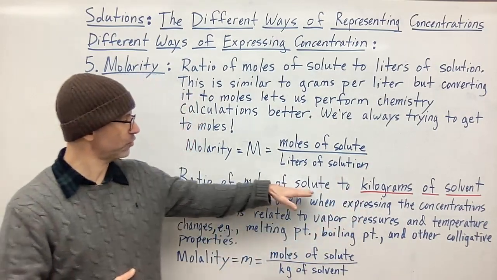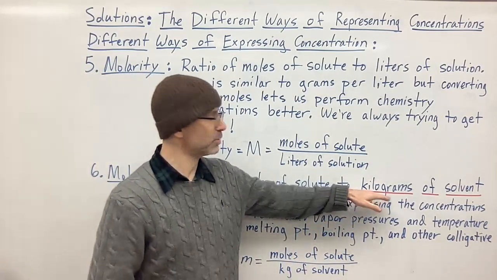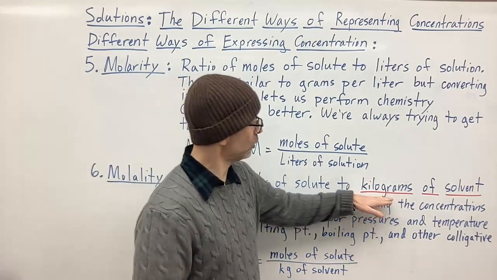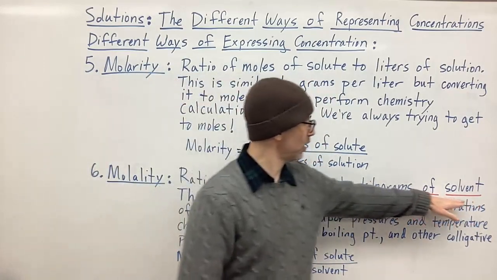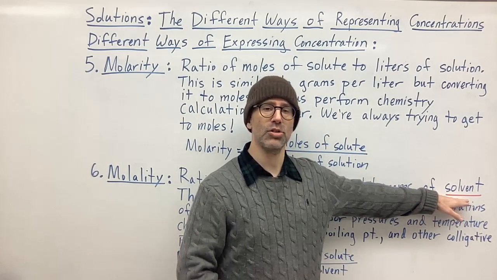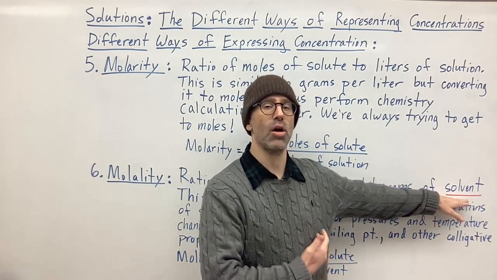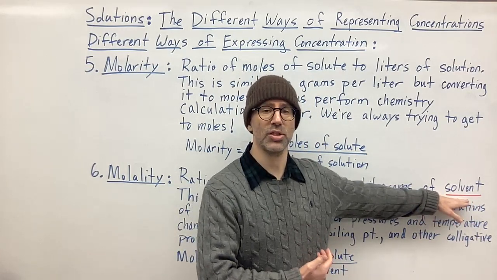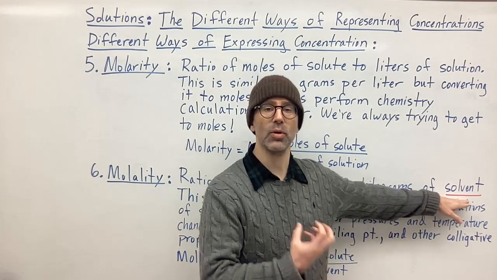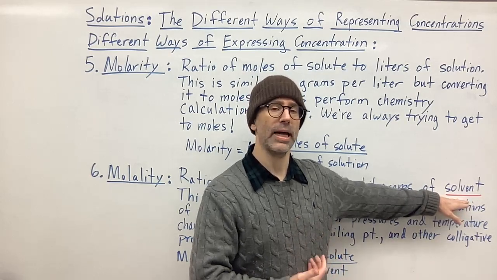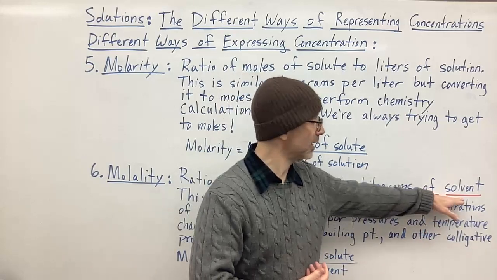So it's moles of solute to kilograms of solvent. I underline this because notice that we're not using solution, which is the case for all the other ways we've been expressing concentration. It's always been part to whole, where the whole is the solution. In this case, it is the solvent.